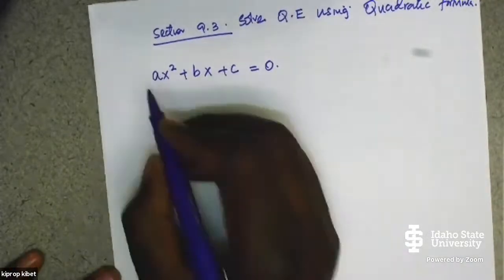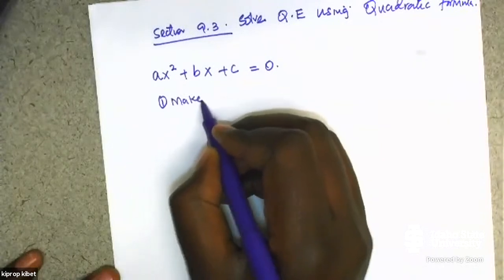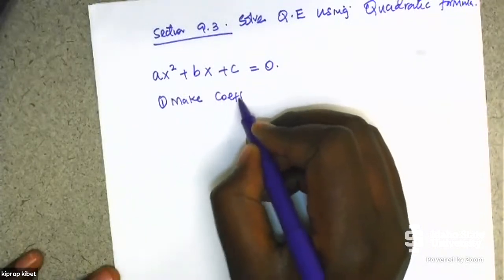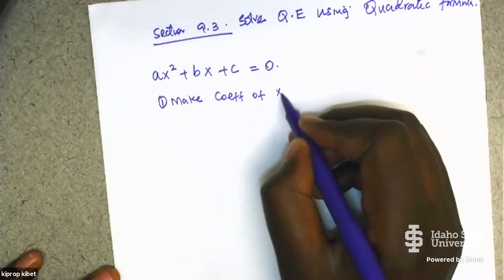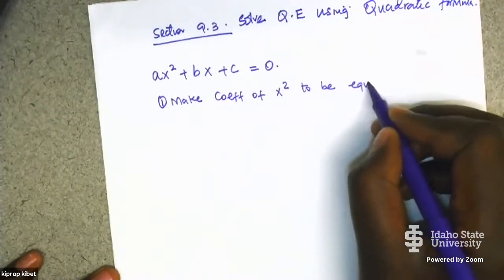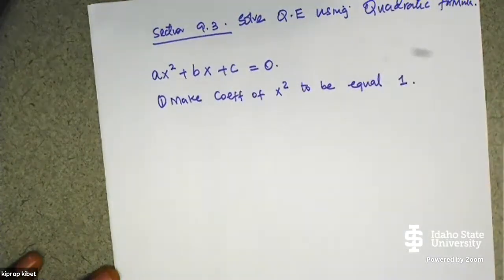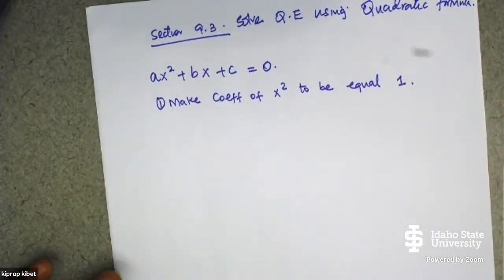Number one, make the coefficient of x squared equal to 1.